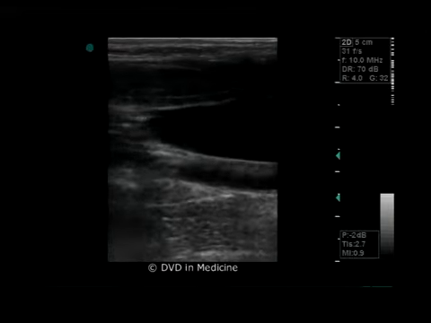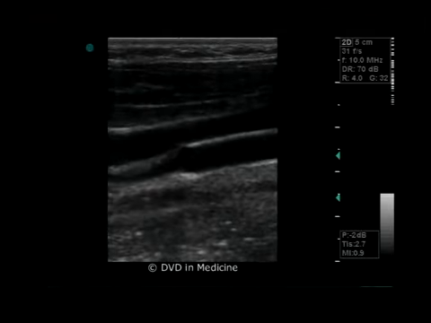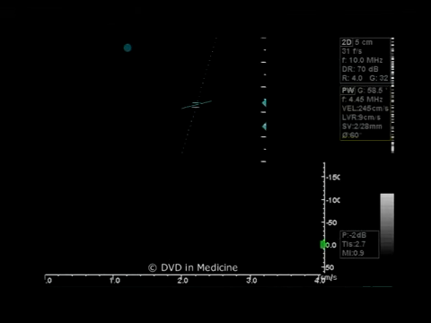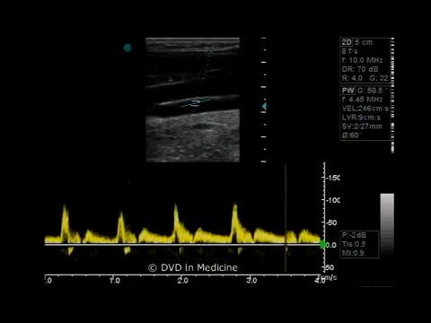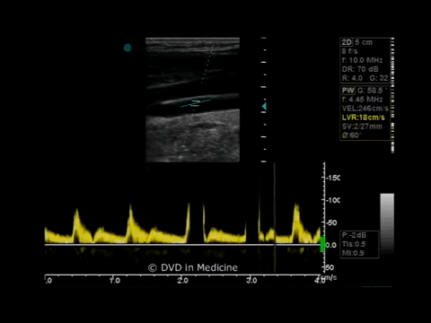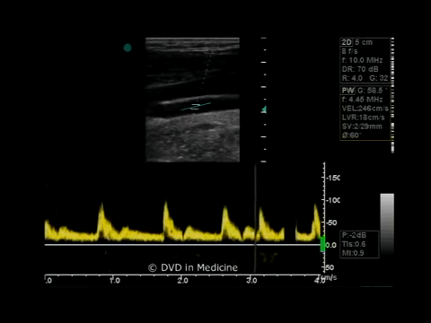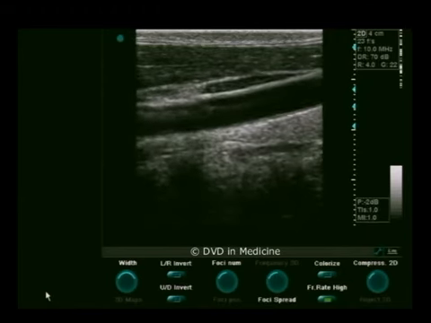The velocity measurements are obtained using spectral Doppler from the upper common carotid artery 2 to 3 centimeters below the bifurcation. One could also take the velocity measurements on color Doppler image.